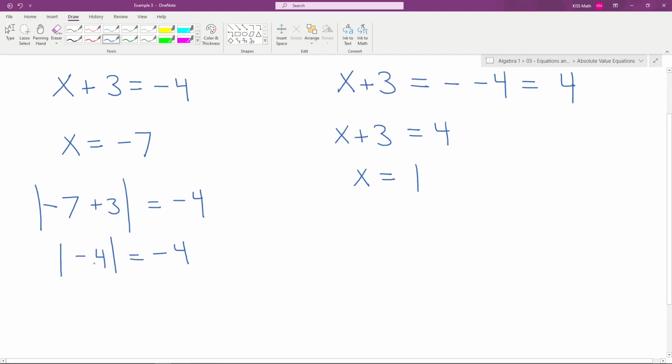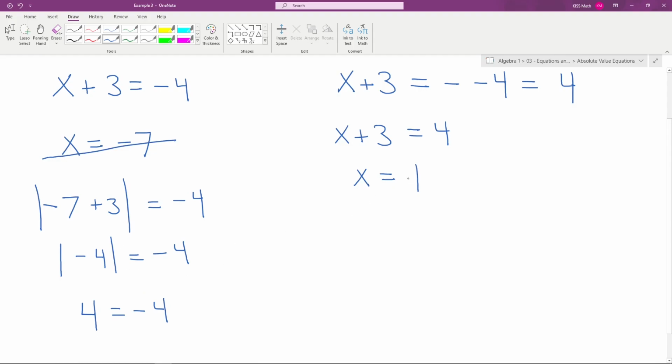Now, if I actually evaluate that, this would become +4 equals -4. So you see this answer, this x equals -7, is not a solution. It's not valid because when we plug it back in, it gives us an answer that doesn't make sense.